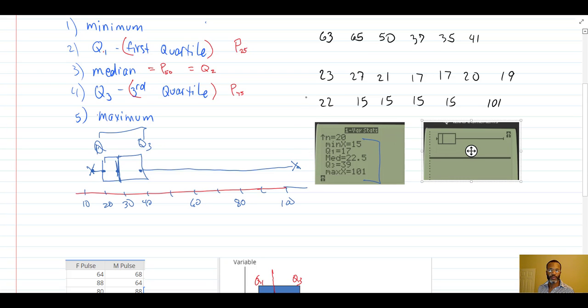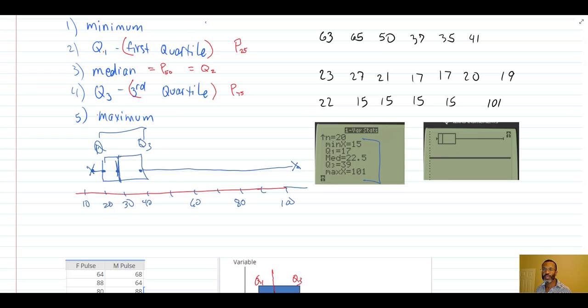So let's think about how we might handle these outliers. What we're going to do is basically use this distance here, and whatever that Q3 minus Q1 value is, I'm going to take 50% of that. So let's go ahead and do it.